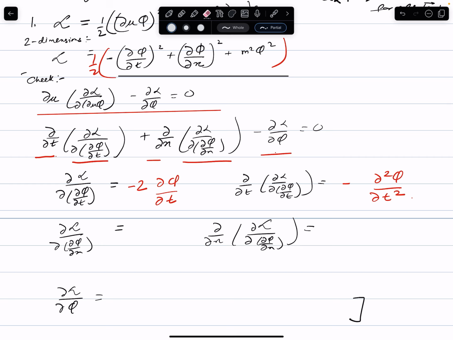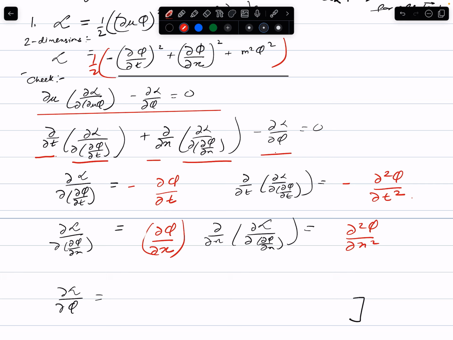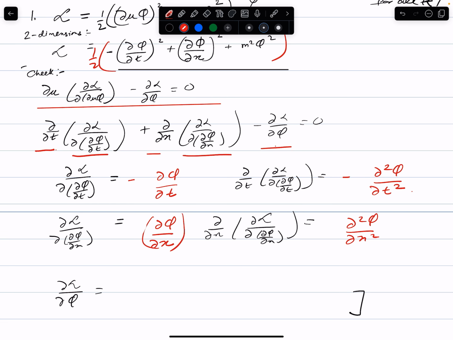Similarly, del phi del x would be just 2, because there is a symmetry between del phi del t and del phi del x, almost the same, just changing sign, and this 2 also gets cancelled because of the half factor, and I get del 2 phi del x2. And del L del phi, what is del L del phi? 2m square. Yes, this is 2m square phi, and there's a half outside, so it is m square phi.